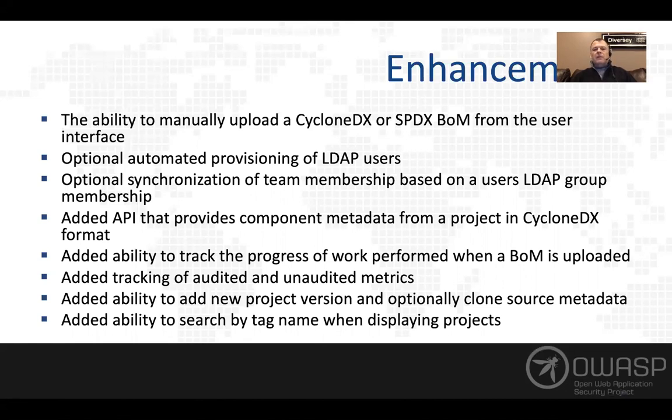But if you want to quickly evaluate Dependency-Track or just support commercial off-the-shelf software, for example, you're not necessarily going to have that workflow. So we wanted to add a way for users to manually upload bill of material documents, and thanks to Dan Cornell at Denim Group for twisting my arm to get that implemented.